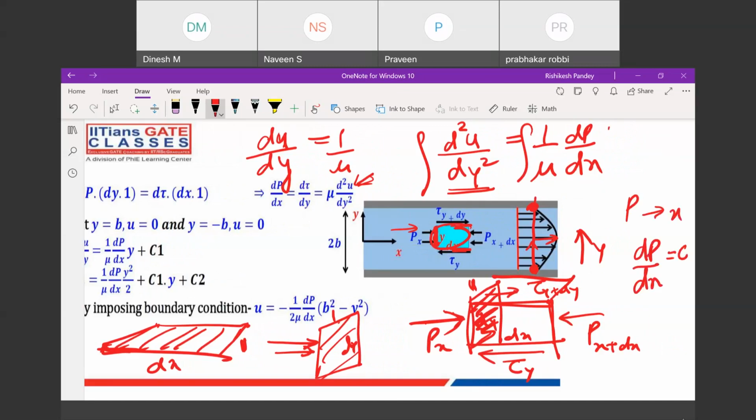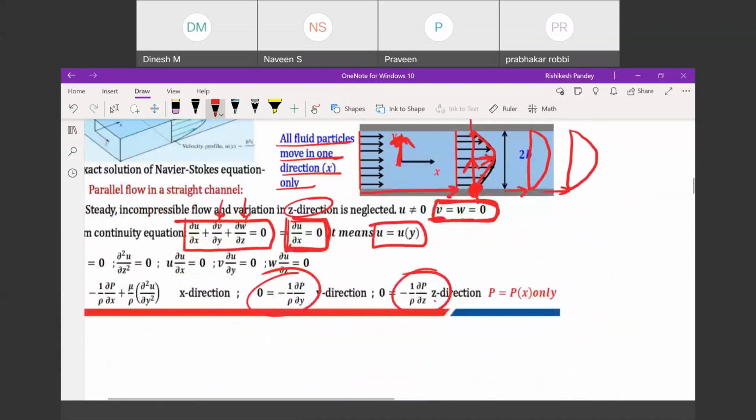So the dp by dx, the pressure gradient in x direction, is constant. This is also one more important conclusion you should remember. They have asked this question in GATE, in a 1 mark question.